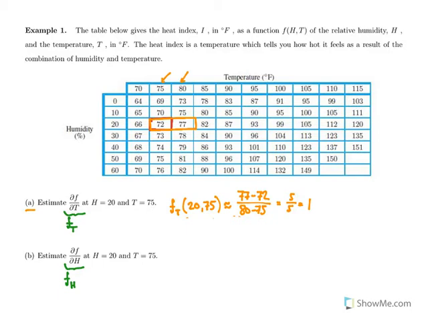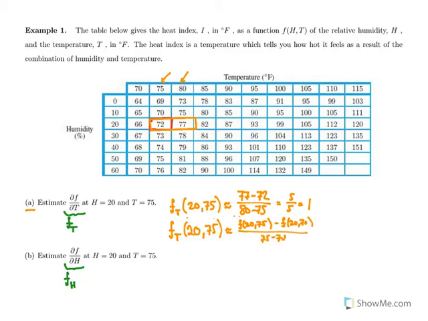Doing this in a different way, we could look at F sub T of 20, 75 is going to be F of 20, 75 minus F of 20, 70 over 75 minus 70.